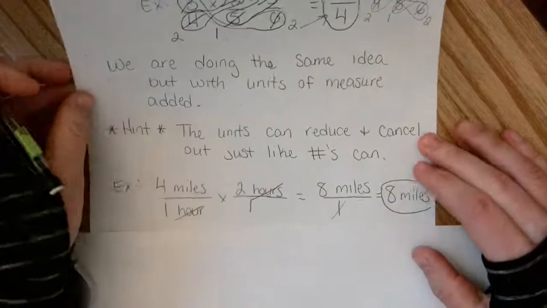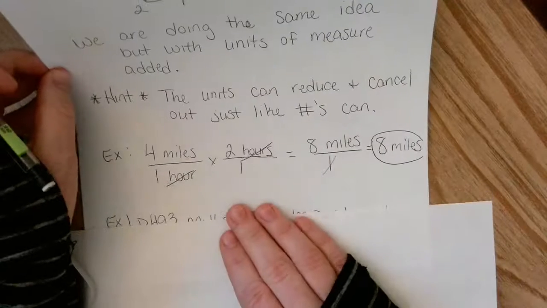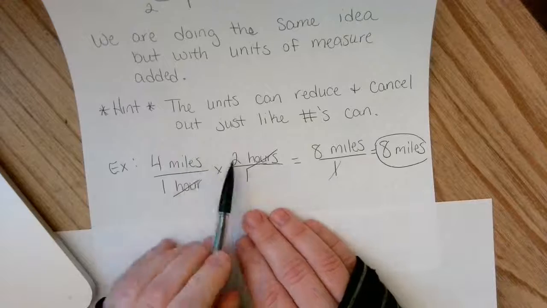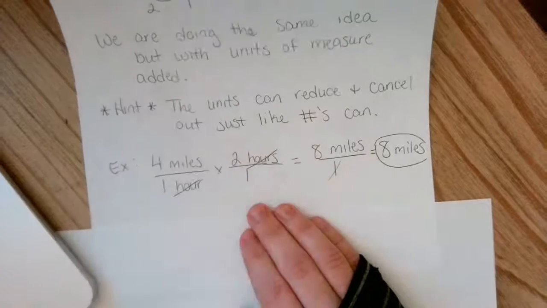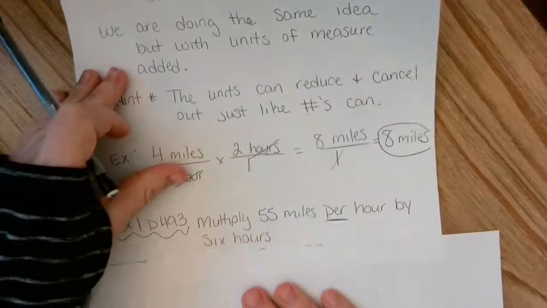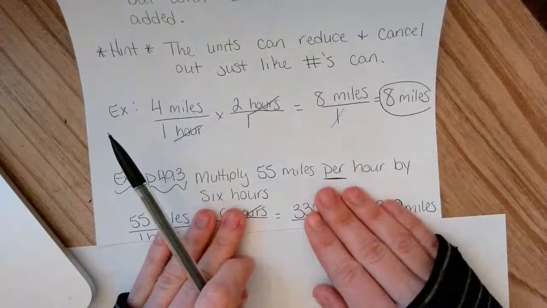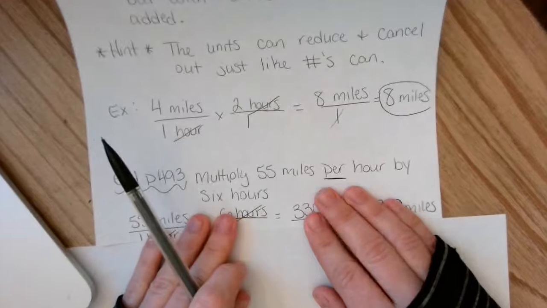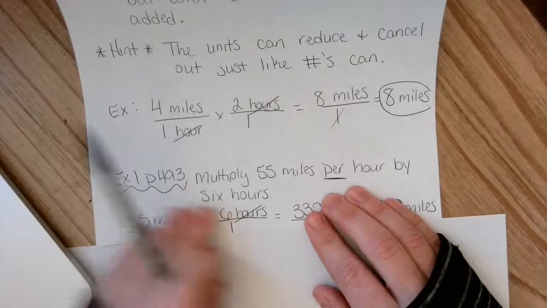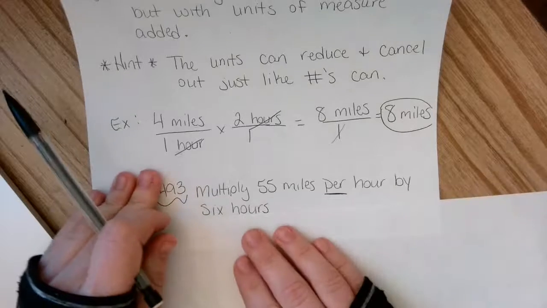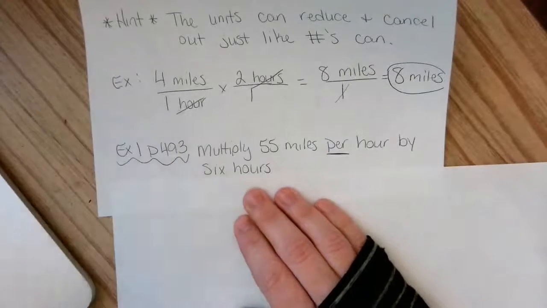So, like I said, I am doing the same thing with the labels as I did the numbers up here in lesson 70. So let's do another example together. So let's multiply 55 miles per hour by 6 hours. So I can use this to set it up for you before I show you all the work.